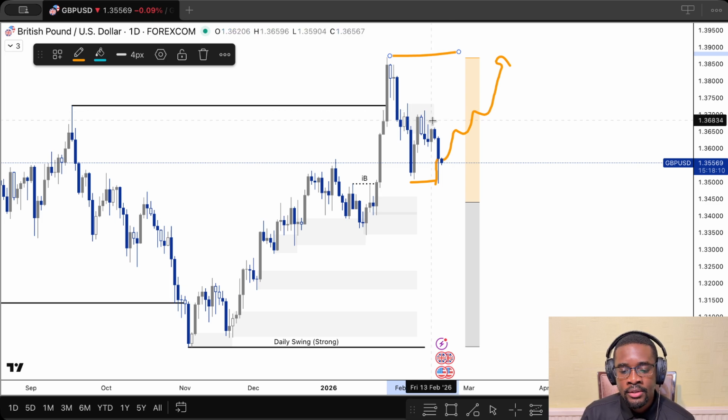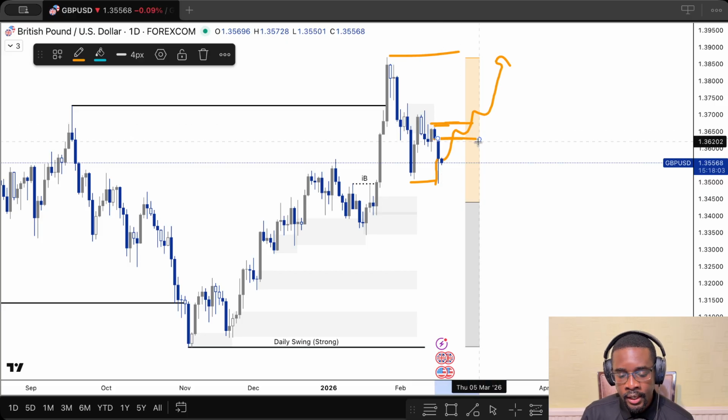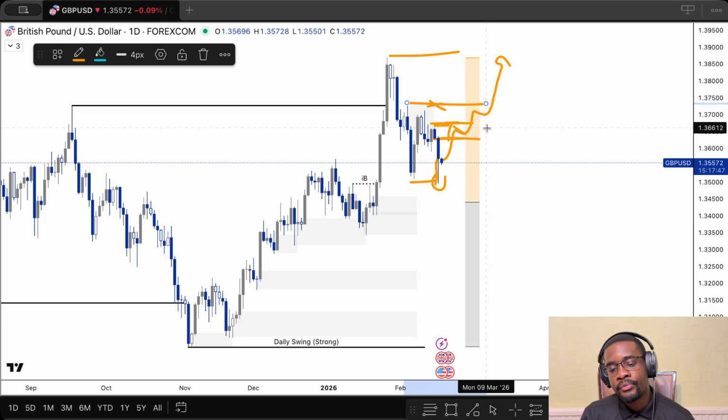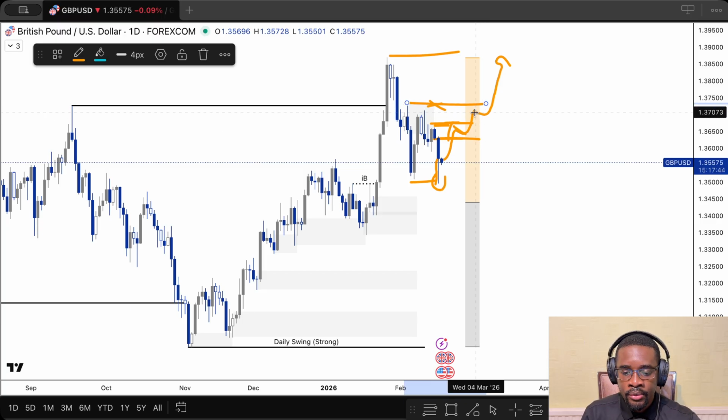Obviously the first thing that price needs to do is take out, so a new supply has been created right here, though it's not a strong supply because we only have a weak break, but this is fractal structure, so the fractal supply has been created. So we need to see this fractal supply fail as well as this supply at the top fail as well, and then once those fail, then it kind of confirms that the price is now ready to continue bullish, maybe towards this weak high.